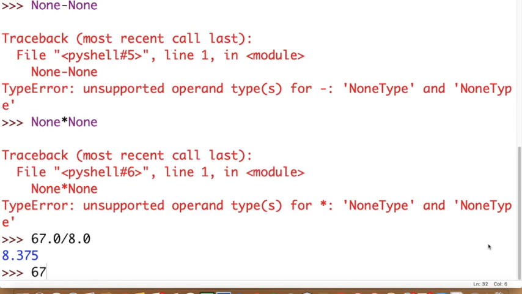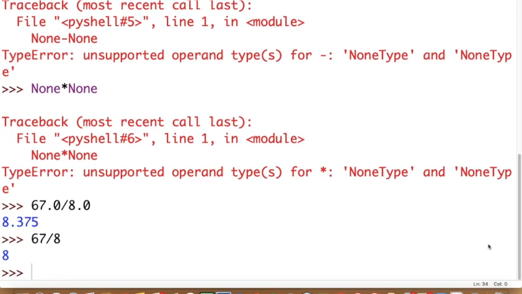If I am simply writing 67 by 8, the Python compiler evaluates the quotient as the integer value 8, though the quotient is 8.375, because an integer divided by an integer in Python always returns an integer quotient.